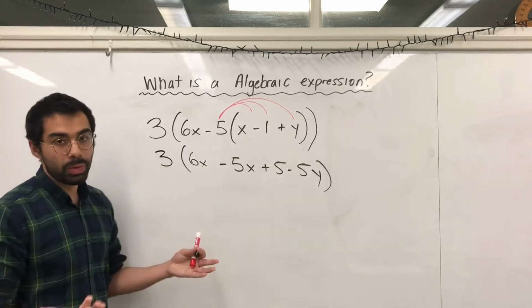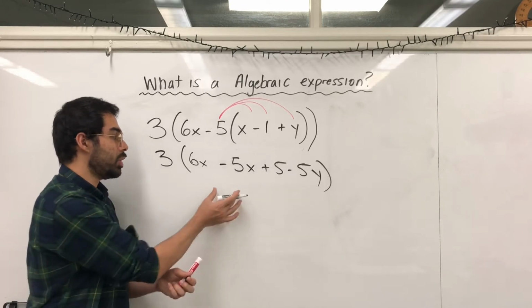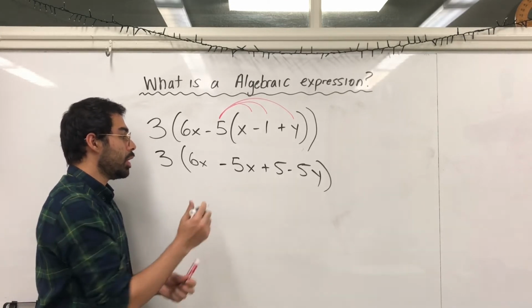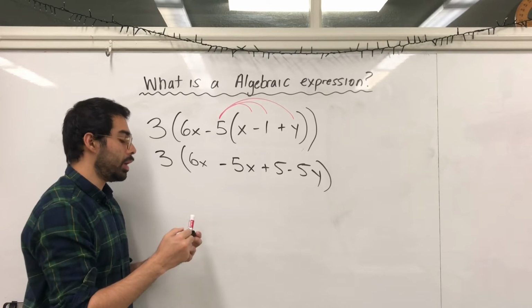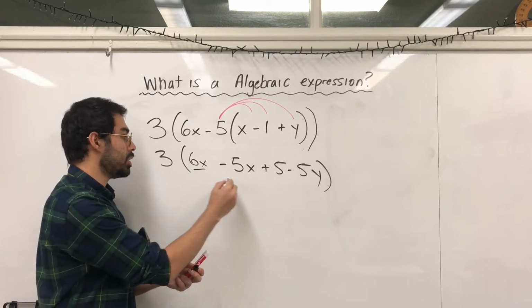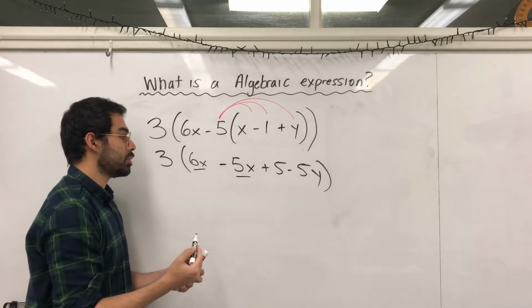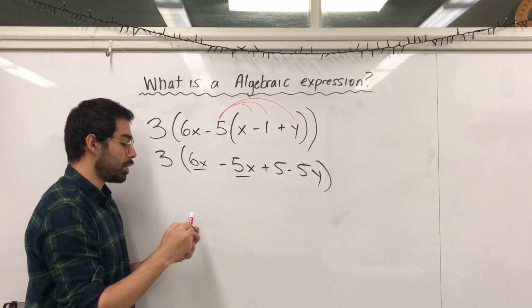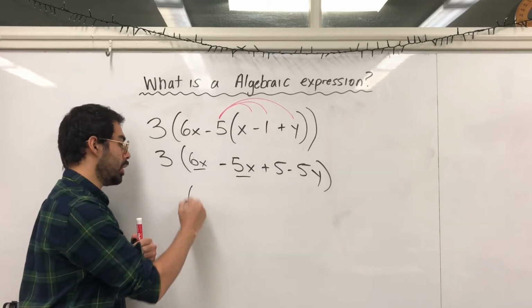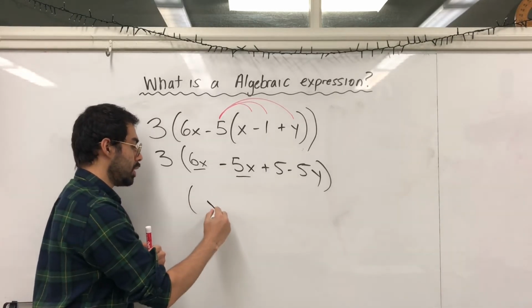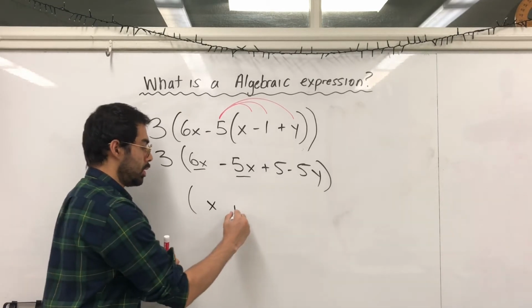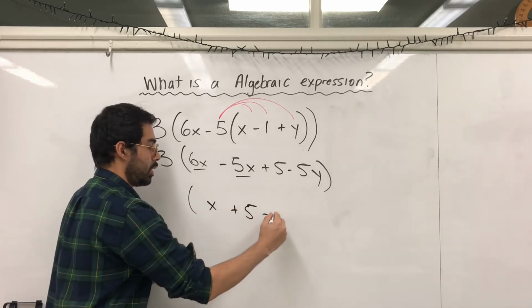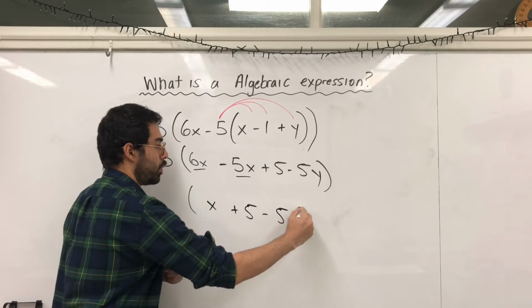And again, order of operations. Look within the parentheses first. In this case, I can combine my 6x and 5x, or in this case, subtract. So I'm going to go ahead and simplify one more time: x plus 5 minus 5y.